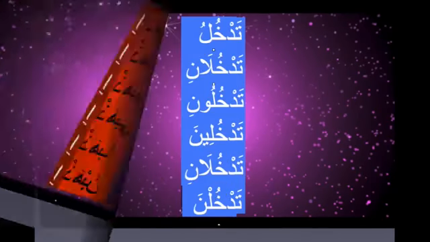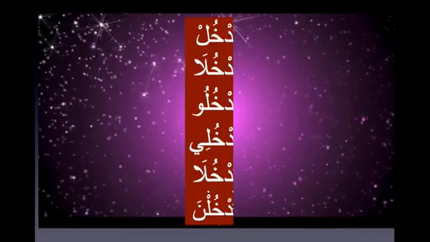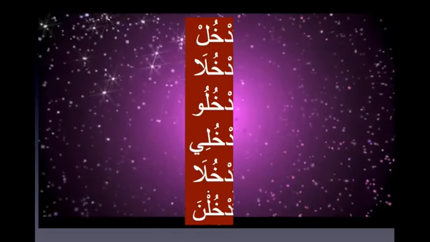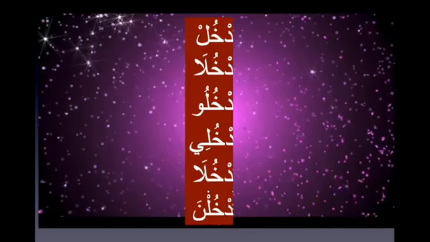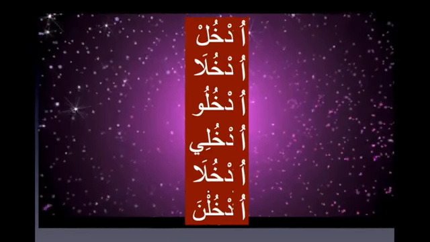This is how we make the amr in all the forms. Take another example like tadkhulu, tadkhulani, tadkhuluna, tadkhulina, tadkhulani, tadkhulna. How are we going to make amr from these? We take away the sign of mudara and change the marfu into the majzoom form. Which sign will the hamzatul wasl bring? It's going to be dhamma, and that's how it becomes udkhul.